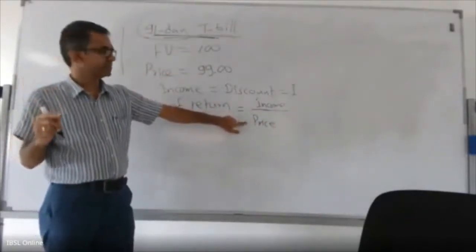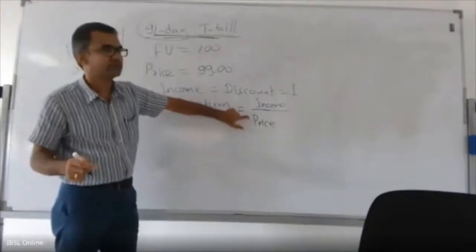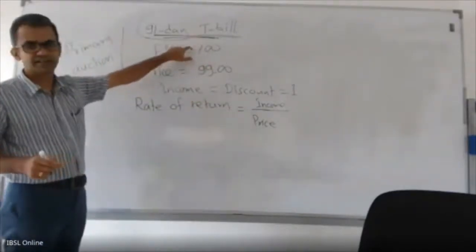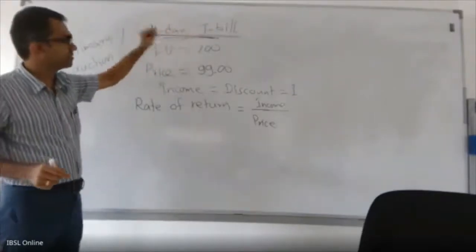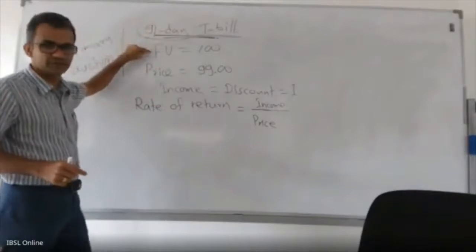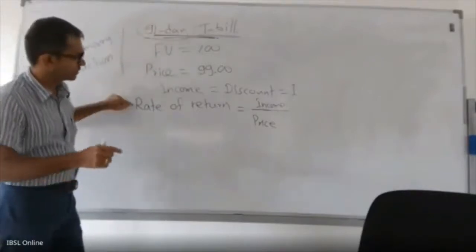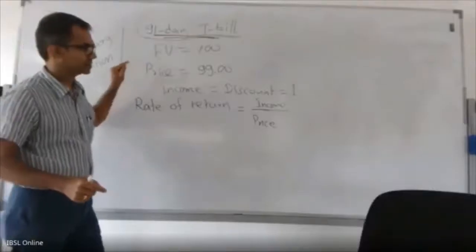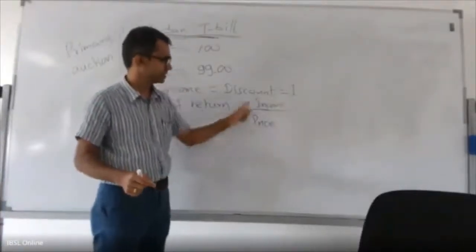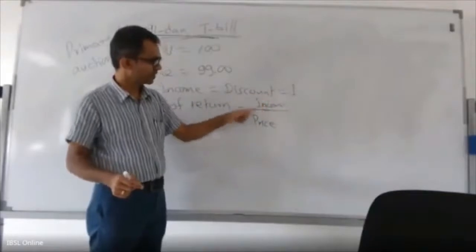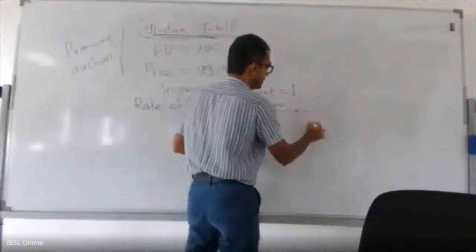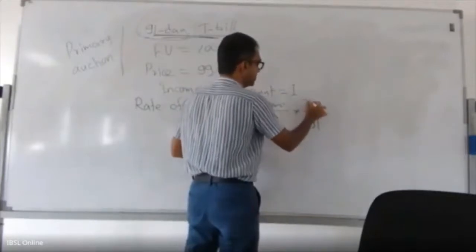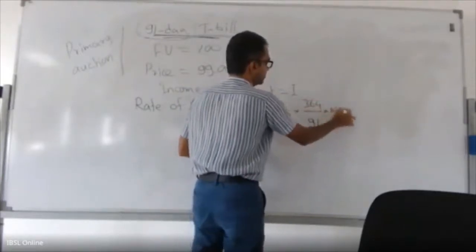You earn the return on top of this amount, not on the 100 that you are going to get. Remember, we calculate the discount on the face value, but when we calculate the rate of return, we calculate it on the price. You earn this income only for 91 days, so divide by 91 and multiply by 360.